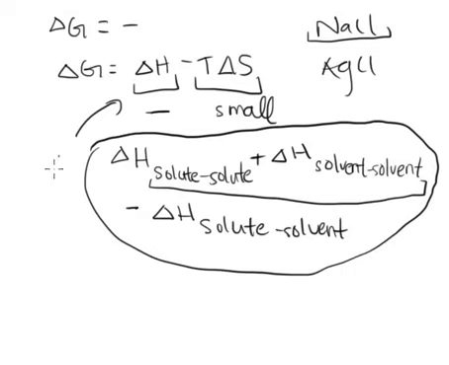So you have a low delta H solute, and so this term predominates. So electronegativity difference is a very big indicator of polarity, right? So the more polar the solute is, the more likely it's going to be soluble thermodynamically.